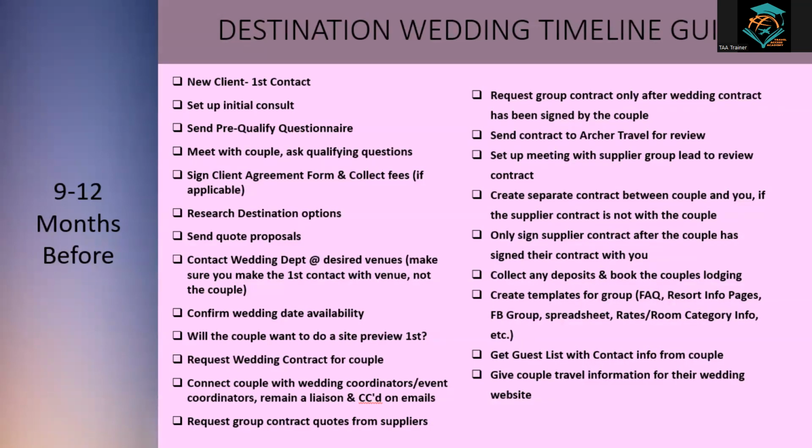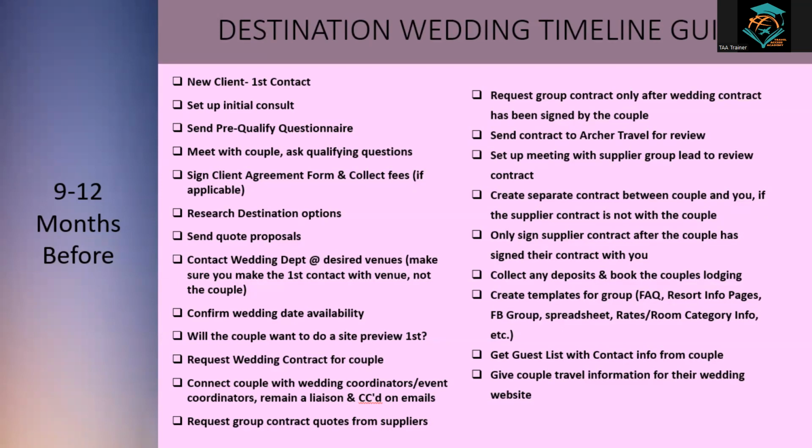After you have gone through the contract, you are going to create a separate contract between the couple and you, if the contract is not with the couple. So there are some hotels where they will do a group contract with the couple. It'll be between the couple and the hotel.